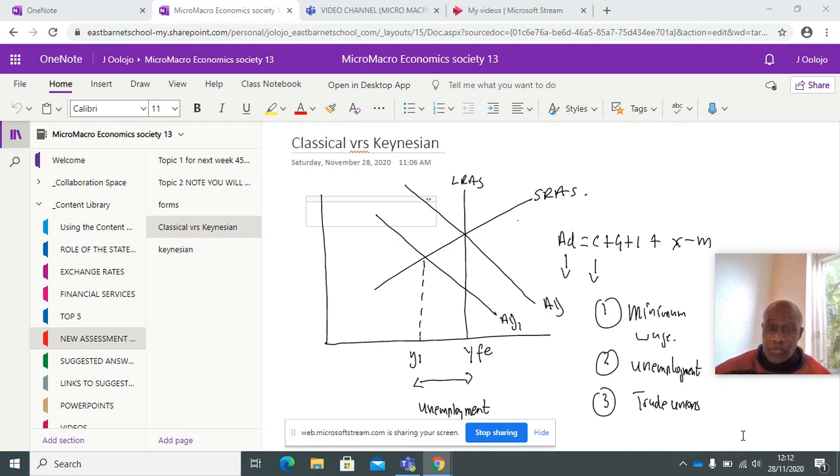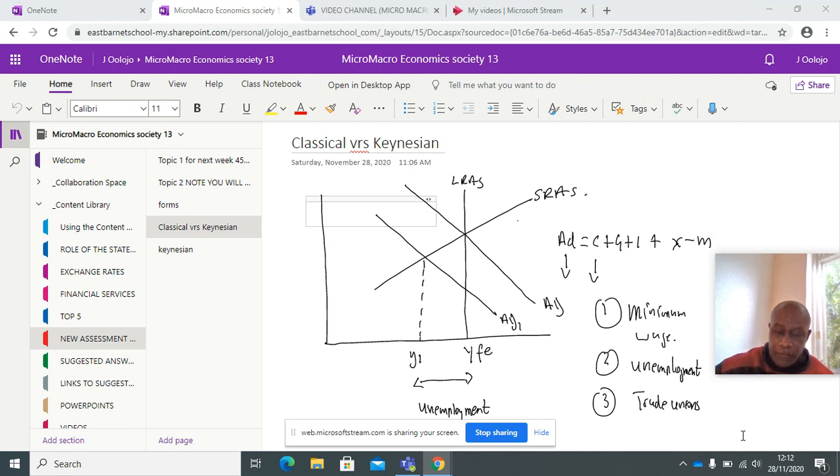So what happens is that because they've sacked lots of workers, there's lots of workers available in the market. And according to classical, they accept lower wages because we're now in the long run. Remember, in the short run, they couldn't do anything because wages are fixed.